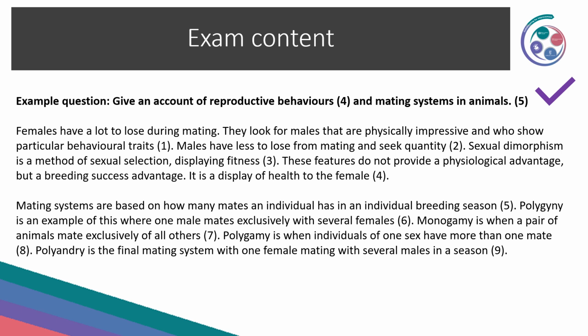Polygamy is when individuals of one sex have more than one mate. And polyandry is the final mating system, with one female mating with several males in a season. So 9 marks in total there. I would use this as a kind of basis to mark your own essay question against as well.